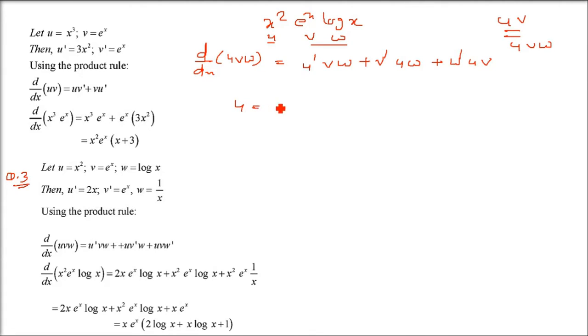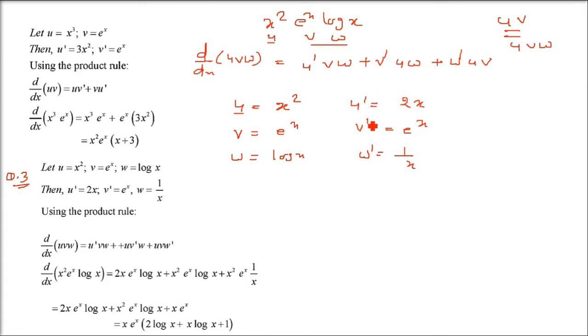Okay. So u here is x square, v is e raise x, and w is log x. So u dash, for x square, is 2x, v dash for e raise x is e raise x, and w dash for log x is 1 by x.